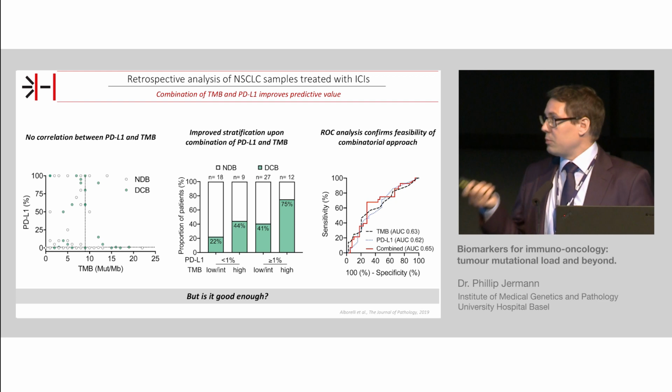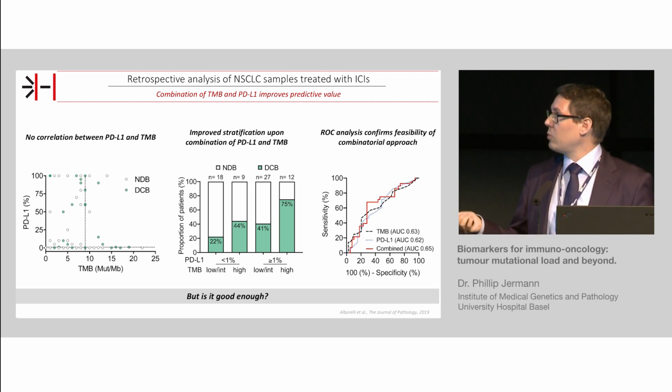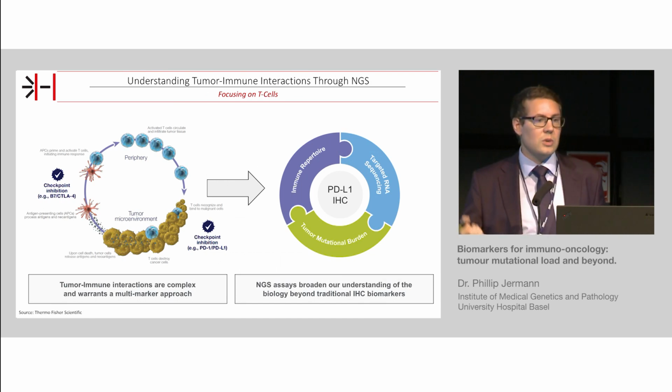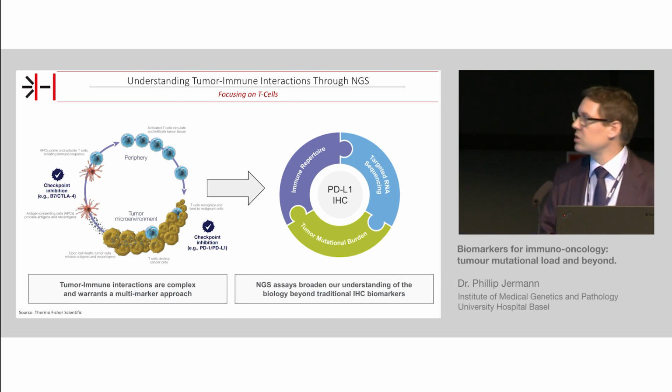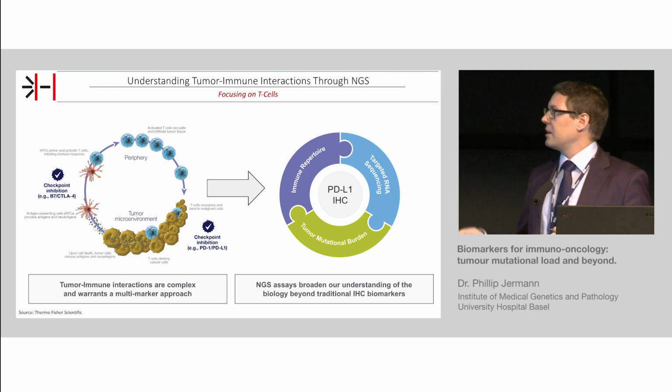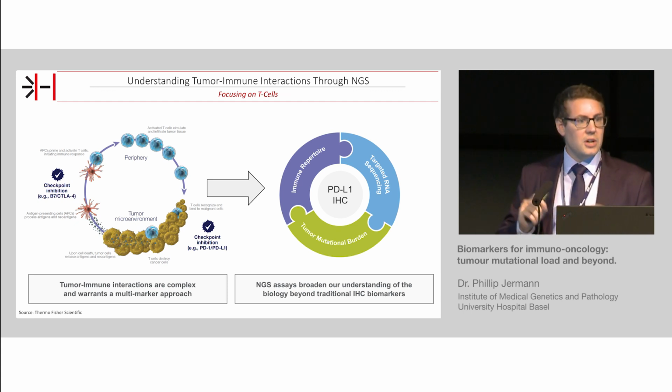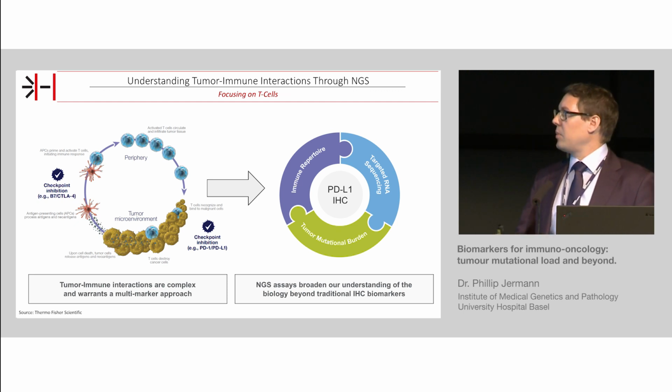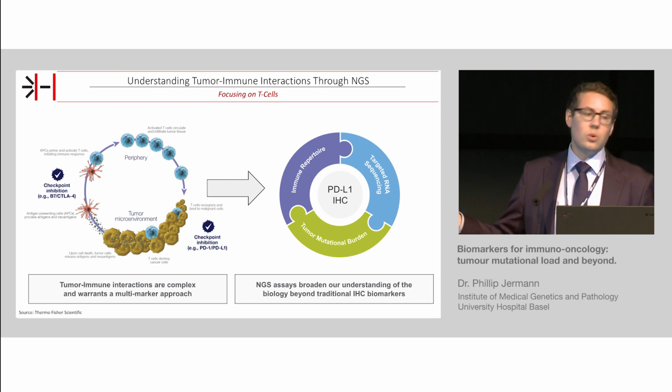So from this, and now I get to the second part of my talk, we went back to this scheme and asked, what other potential biomarkers can we look at? What I will show you today is very preliminary data, but also very promising data, moving away from the cancer cells and starting to look at the T cells.